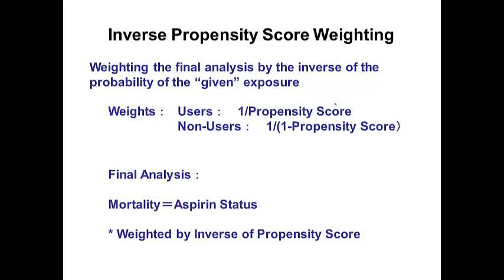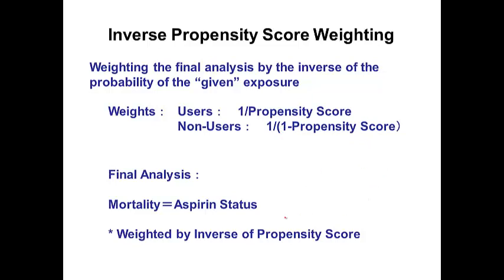So the weight we use is 1 over the propensity score for users, and for non-users, the weight is 1 over 1 minus the propensity score. So what does this mean? This means the weighting is the inverse of the probability of the given exposure. For users, the given exposure is aspirin. For non-users, the given exposure is non-aspirin. So you compute 1 over the probability of not using aspirin, that is, 1 minus the propensity score.